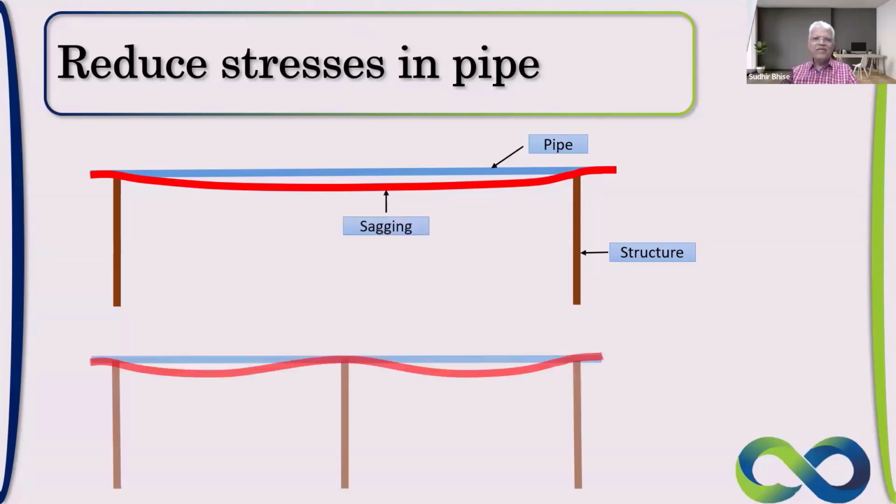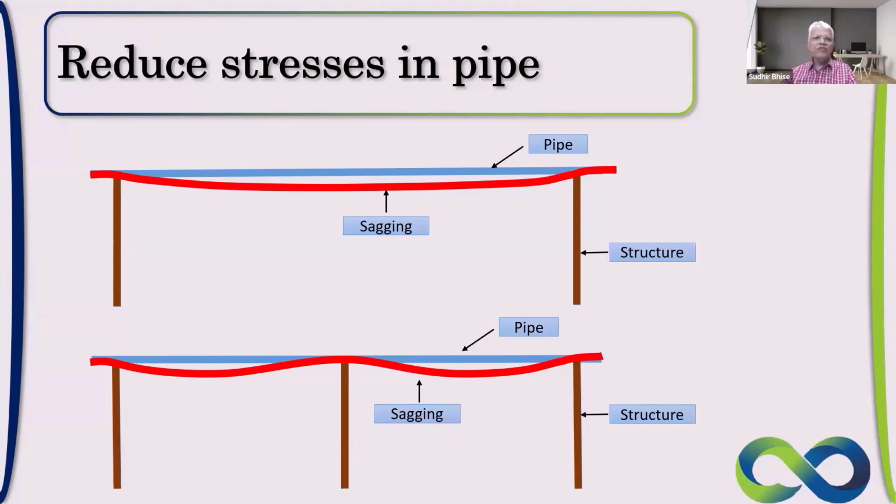If this sagging exceeds a limit, then we must provide one additional support in a suitable place so that we reduce the sagging between the two supports. That is the basic purpose of reducing the stresses in the piping. The support will give you proper guidance as to how to limit the sagging in the piping.